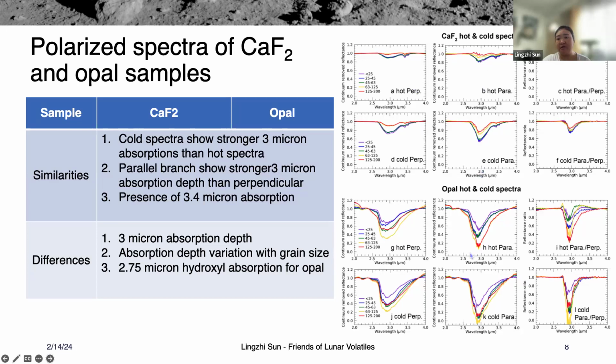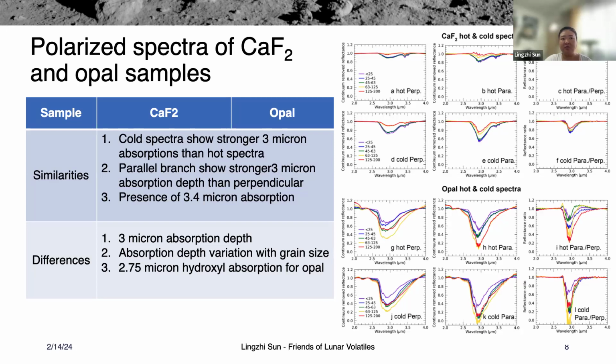Look at this column compared to this one. And there's also a tiny absorption for calcium fluoride, near 3.4, 3.5, but for opal it's a wider absorption feature here, which is highly possibly an organic vibration.